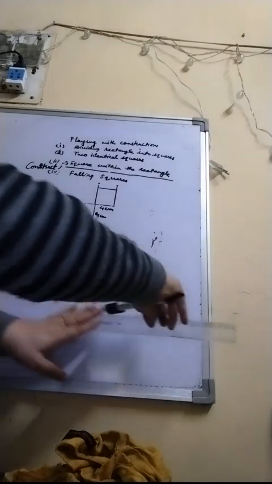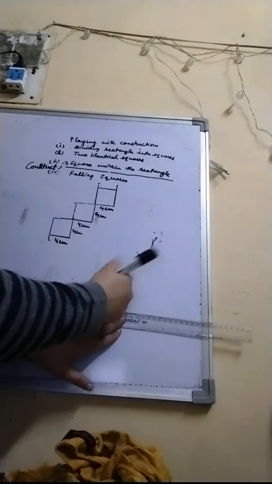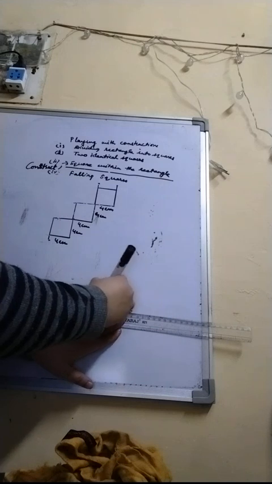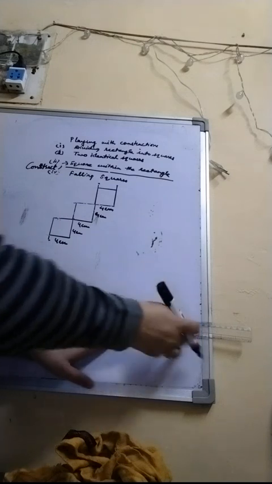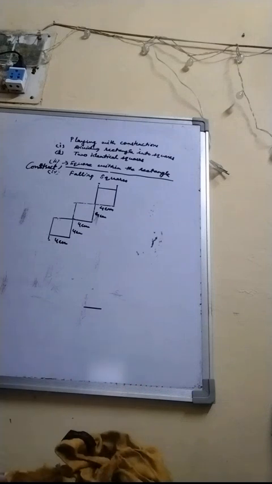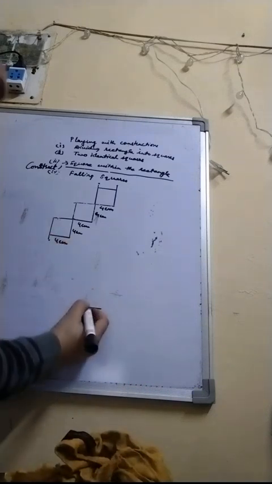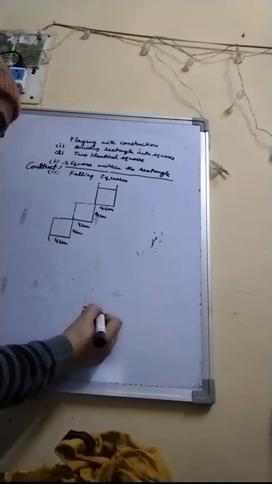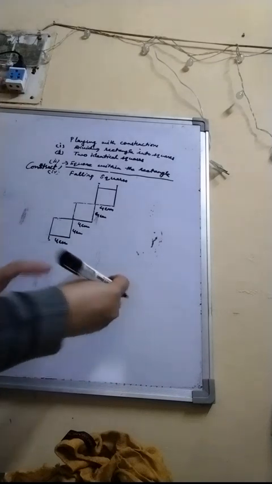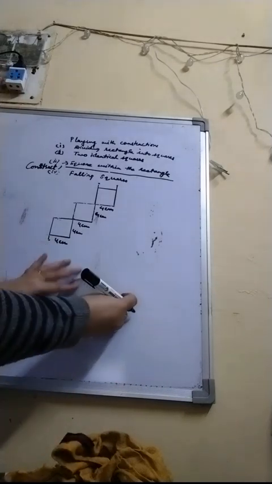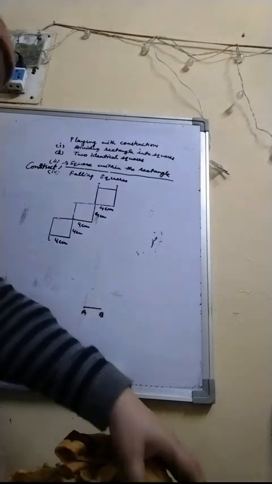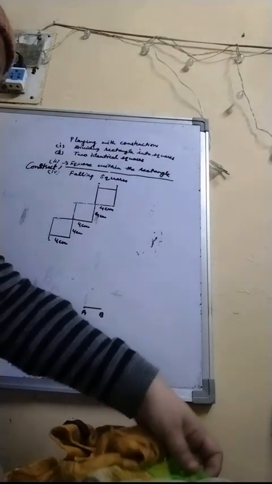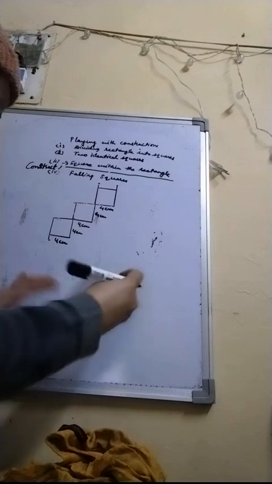So the first square is of 3 centimeter. So we draw a 3 centimeter line here. From this 3 centimeter line you get two vertices here, A and B. Put the protractor here.